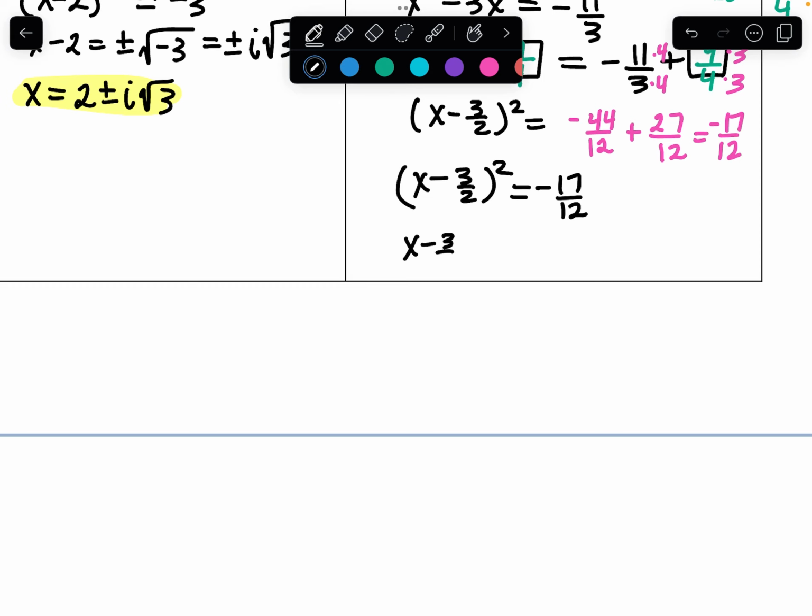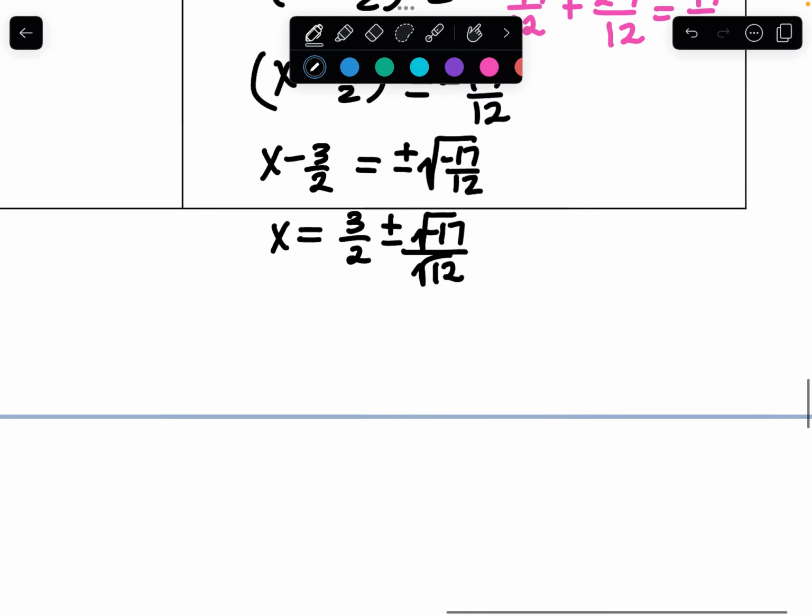And then square root property. And then we can move the 3/2 to the other side. Break these up into their own square roots. For the top, we get i√17.